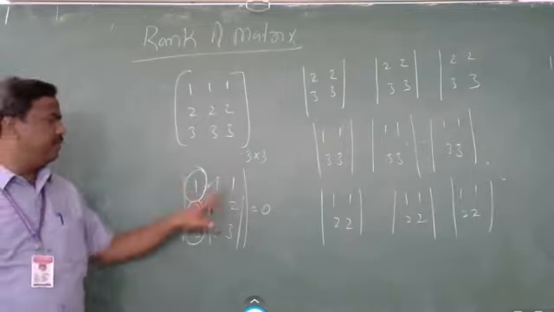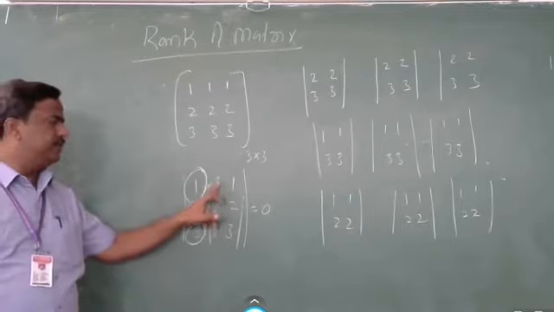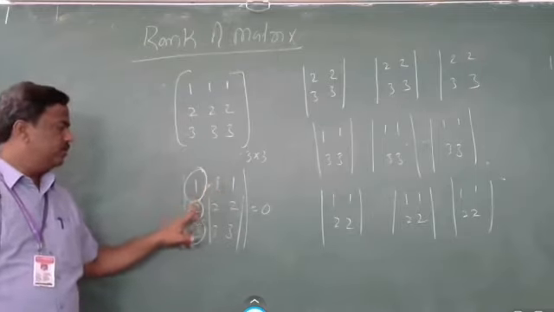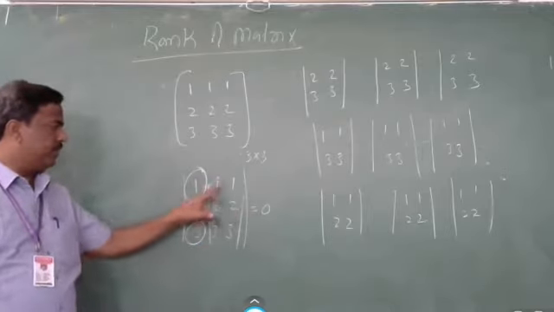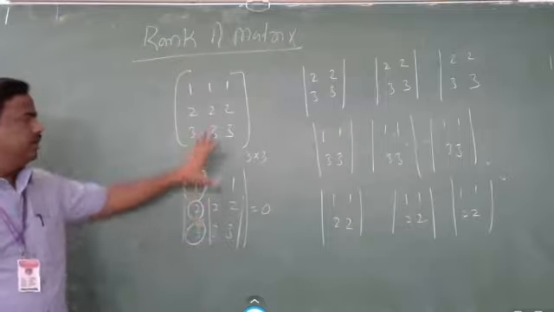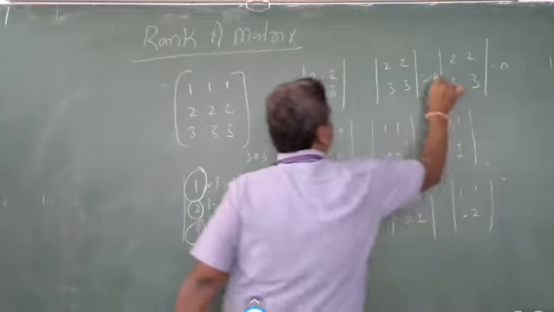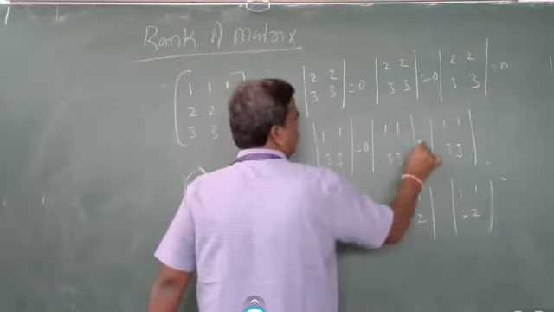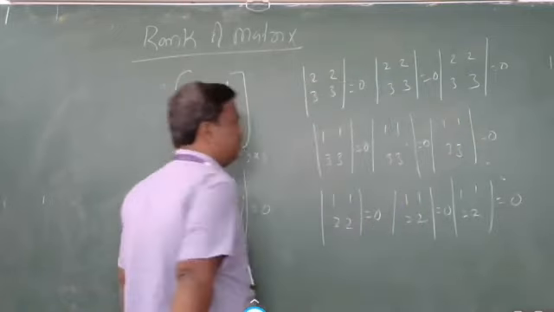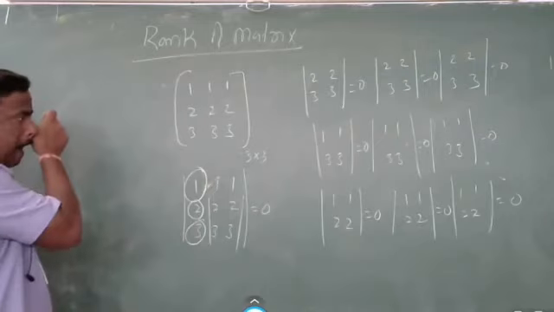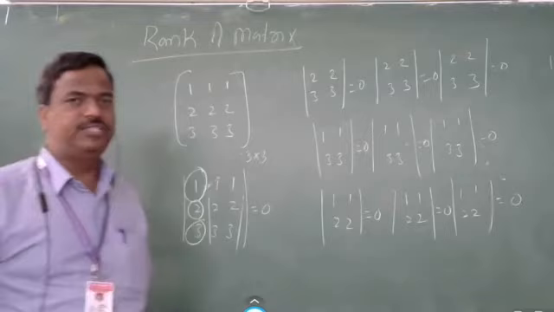Eliminating this row and this column gives 2, 2, 3, 3. For the second row, second element, it is 2, 3, 2, 3, and for the third row, third element, 2, 3, 2, 3. All these 9 minors are equal to 0, because all are identical rows, so directly you can write 0.